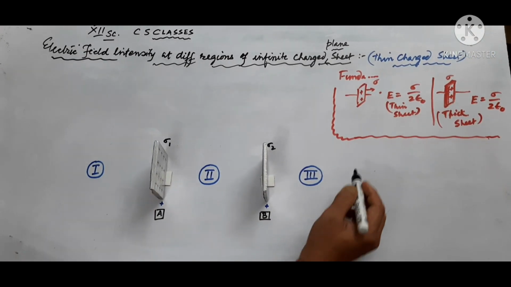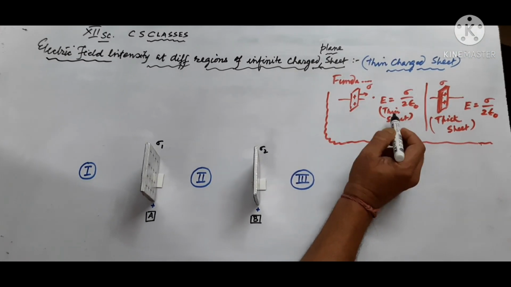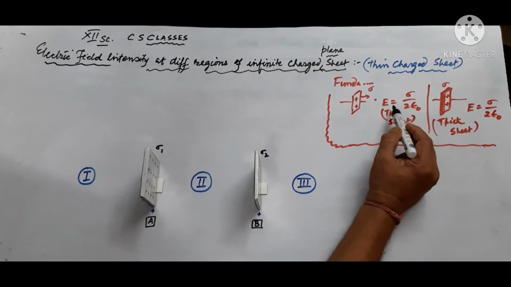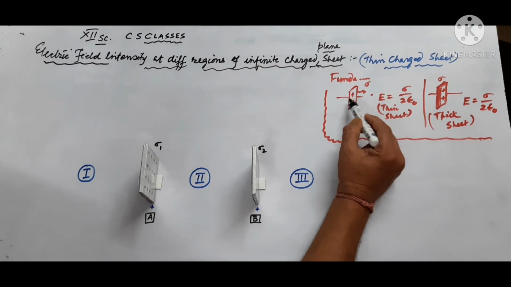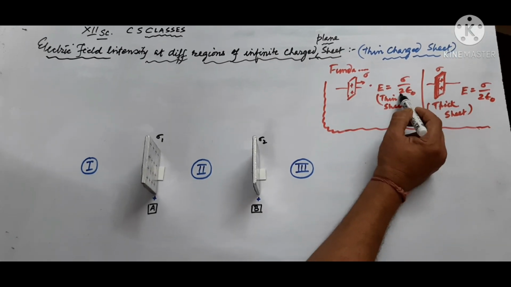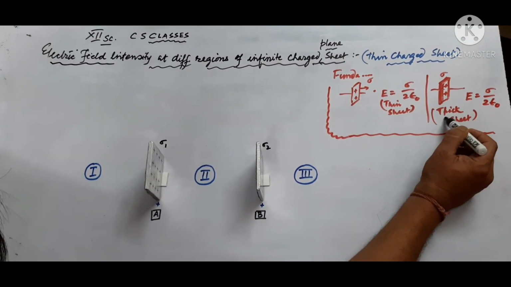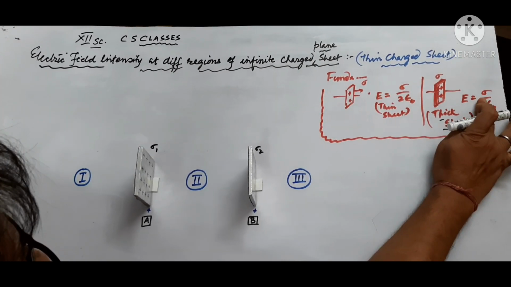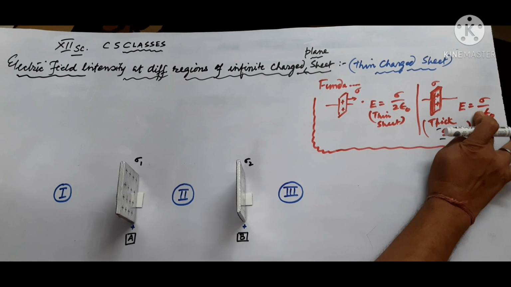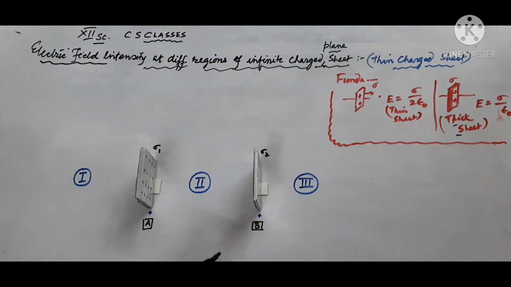The fundamental required is that for the thin sheet, the magnitude of electric field intensity is E equal to sigma by 2 epsilon naught. For the thick sheet, E is equal to sigma by epsilon naught. That we know.